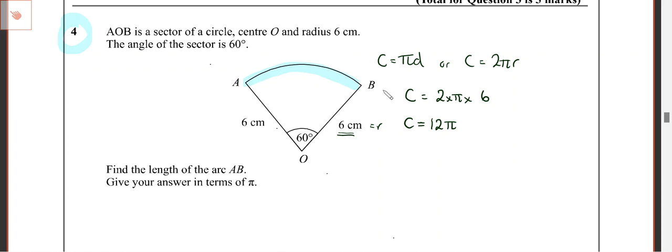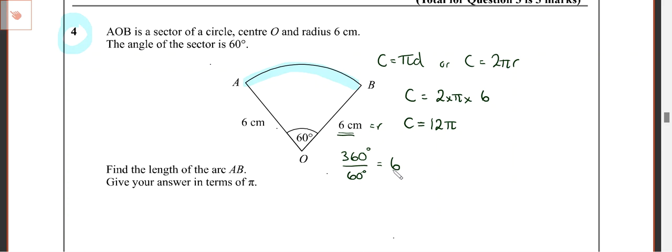Because what do we need to do? What's the next bit we would do? Well, the angle's 60, so I need to know how many of those fit in the entire circle, don't I? So it's 360 degrees divided by 60 degrees, and that is 6.